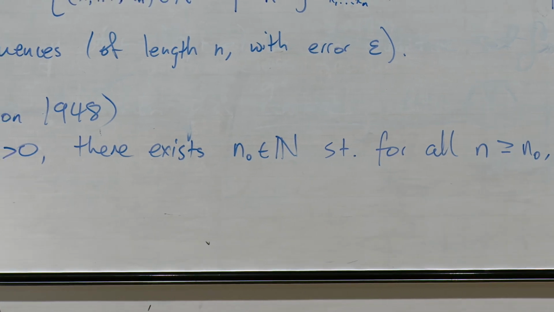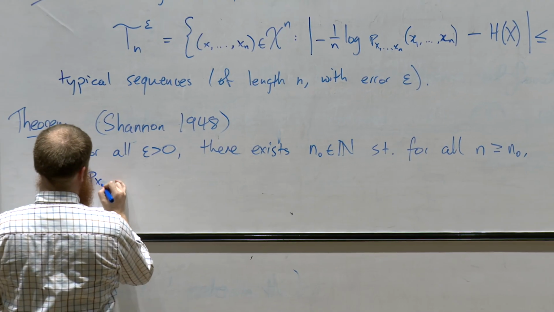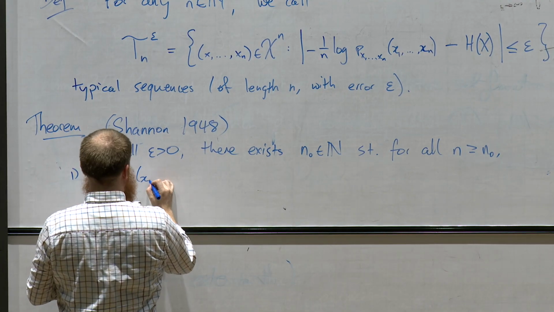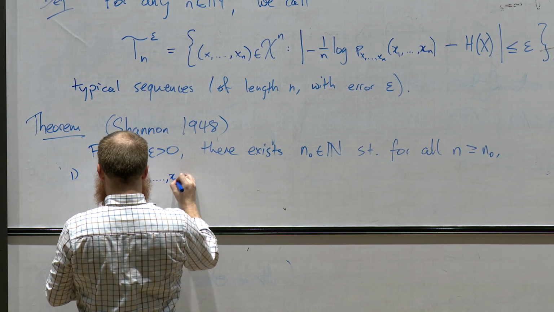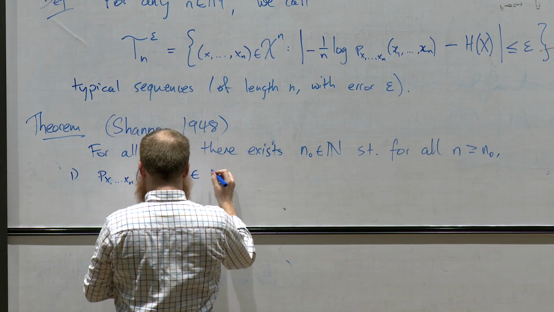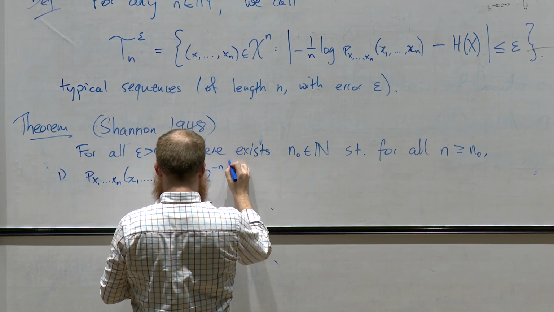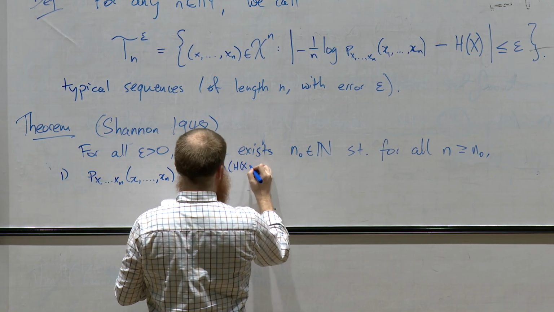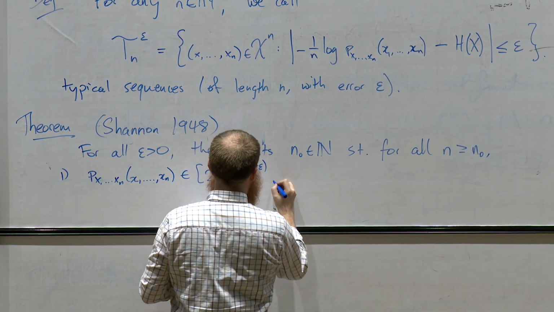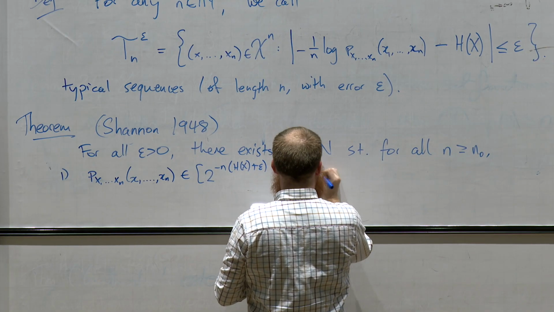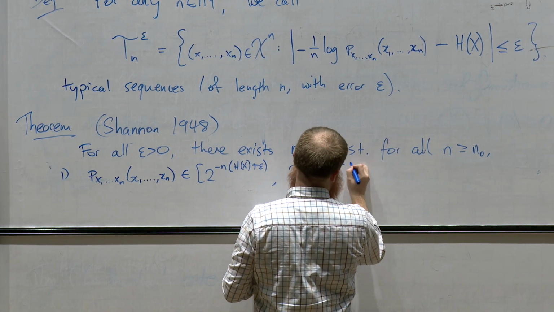So the probability of x1 to xn is in the interval 2 to the minus n times (H(X) plus epsilon) up to 2 to the minus n times (H(X) minus epsilon).